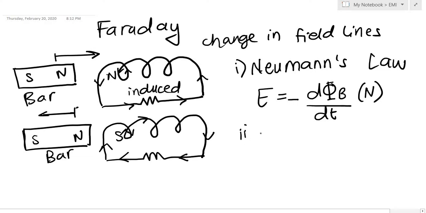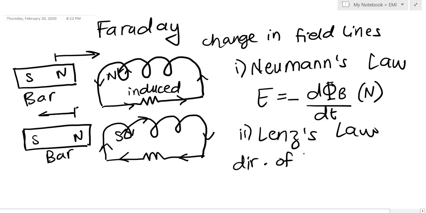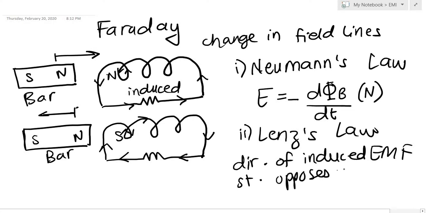So the second law is Lenz's law. Lenz's law says that the direction of induced EMF is such that it opposes whatever caused it. Now we can go back to the first law and see that one way to produce an induced EMF is to change the magnetic flux with respect to time.